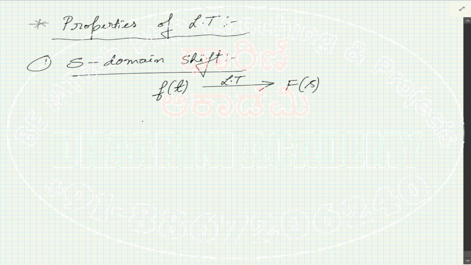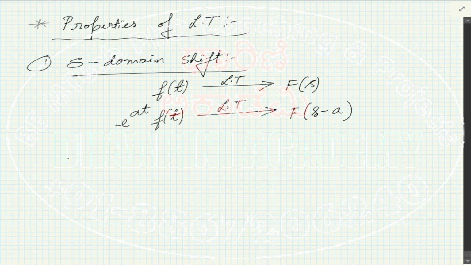If I multiply this signal f of t in the time domain by e to the at, then the Laplace transform of this function is going to change as F of s minus a. So we can see F of s becomes F of s minus a, and because of that reason we are going to call this the s domain shift. We'll prove this.